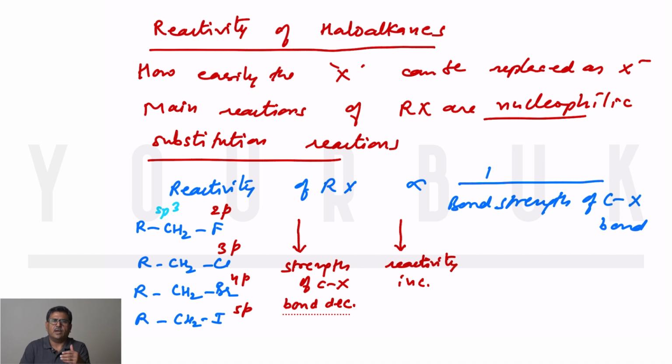As a result, iodine is easily replaceable. So we say that iodine can depart on its own very easily. It's a very good leaving group, any group which can depart on its own. So leaving group ability increases in this order.